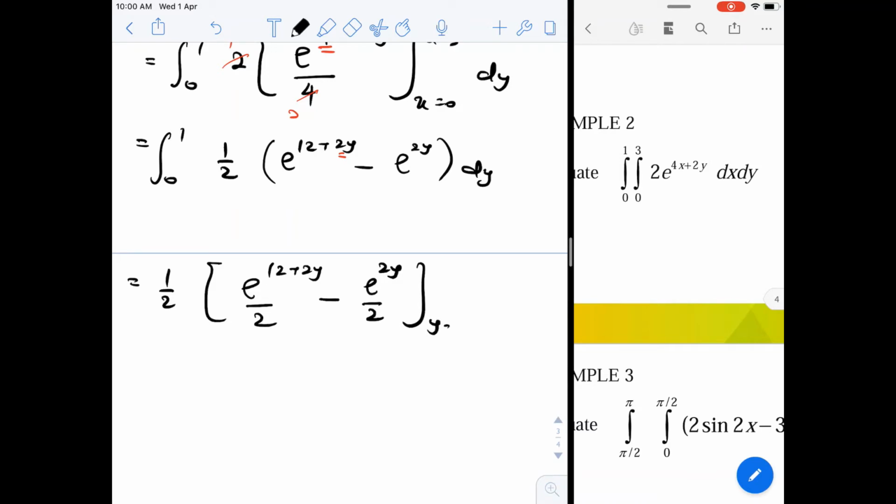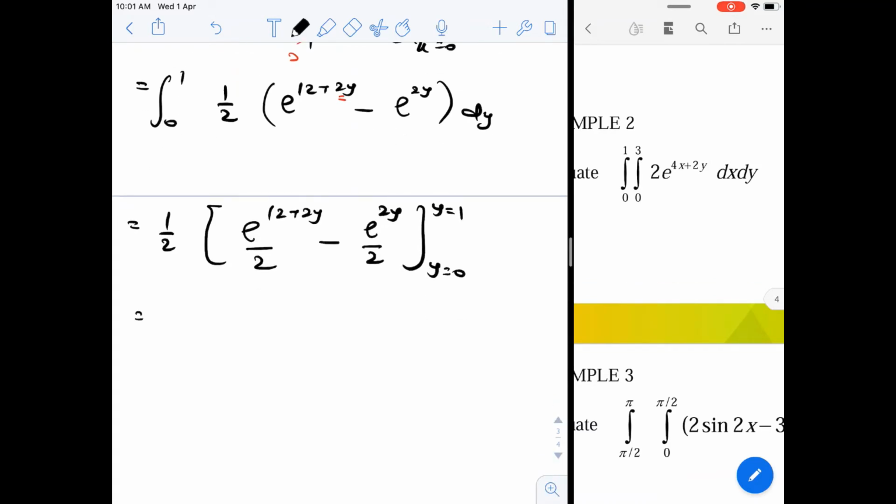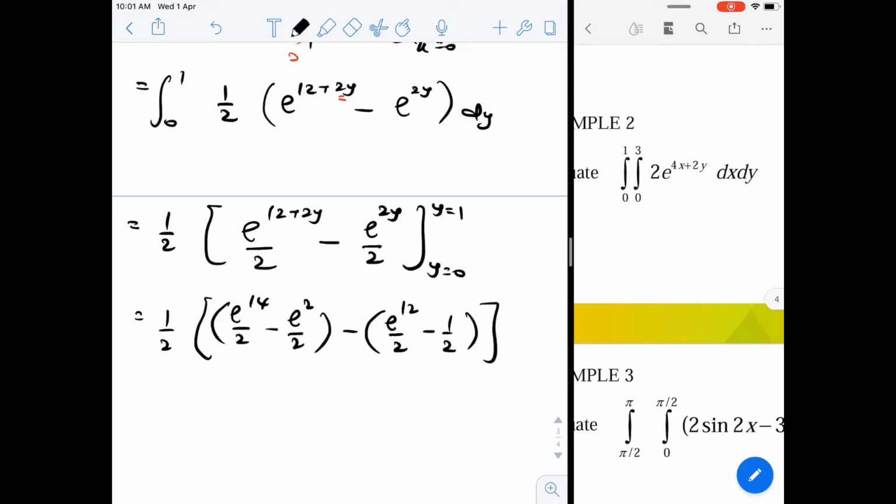So substitute y equals 0 and y equals 1. Finally, we will have 1 over 2. Substitute y equals 1, we have e to the 12 plus 2 times 1, we get e to the 14 over 2, minus e to the 2 times 1 becomes e to the 2 over 2, and then minus e to the 12 plus 0, so e to the 12 over 2, minus e to the 0, which is equivalent to 1, so 1 over 2. Like this.